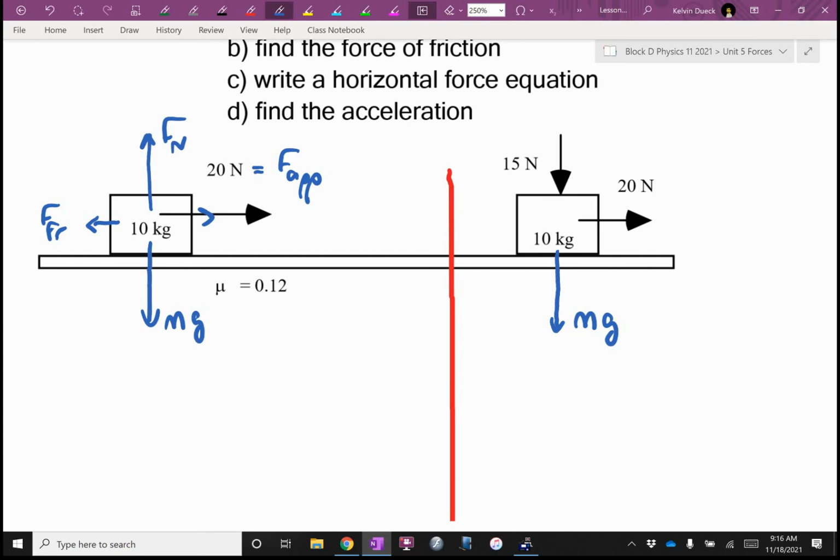What do you think? Bigger. I'll exaggerate it so it catches my eye. Good. What's that 20? And friction. Cool. Good job.